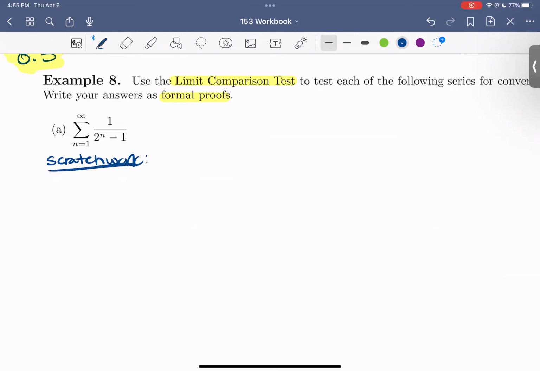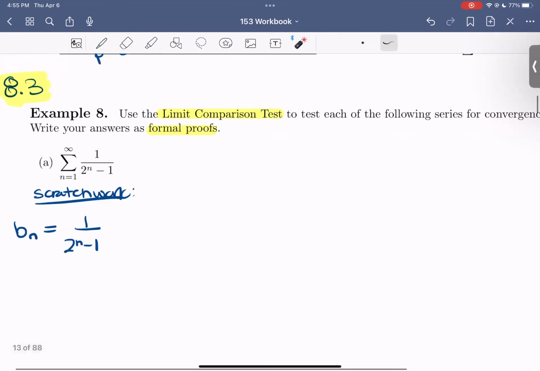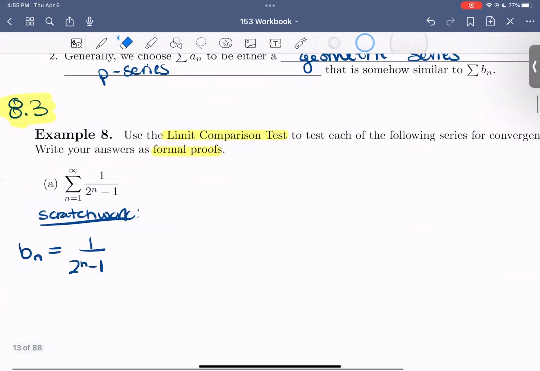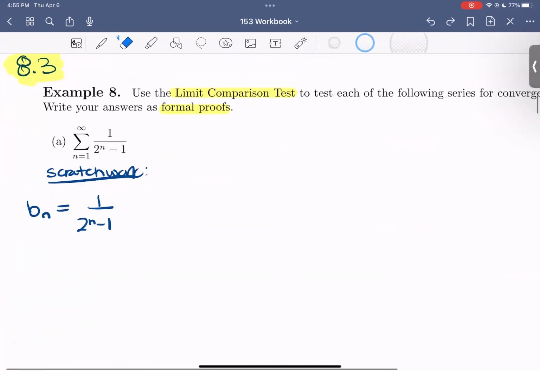Our series has the terms 1 over 2^n minus 1. So we'll call that the b_n. Now we need to find an a_n sequence to compare. What we saw in the last video was that these terms look a lot like just 1 over 2^n.